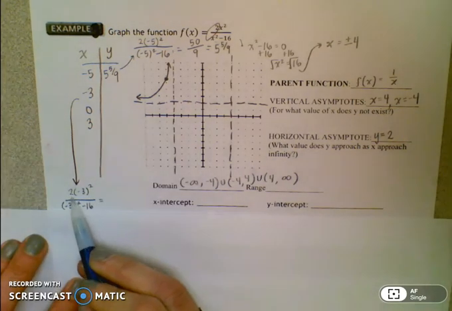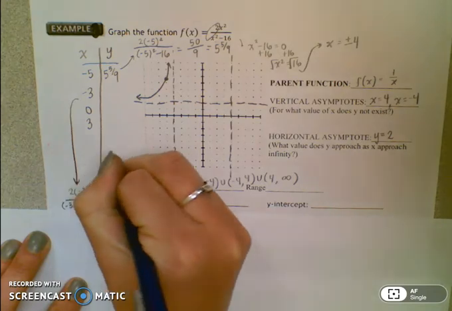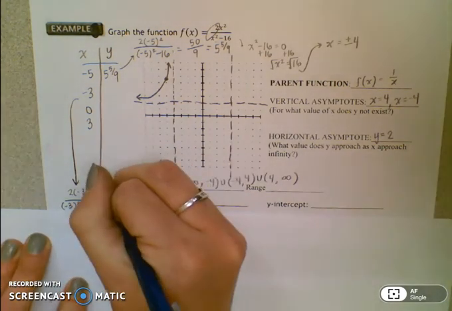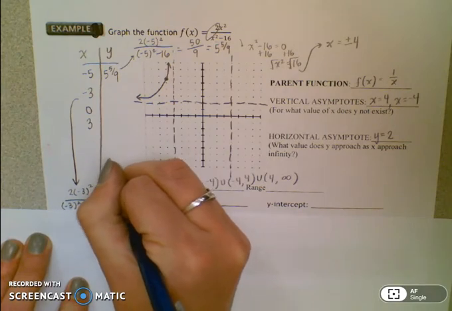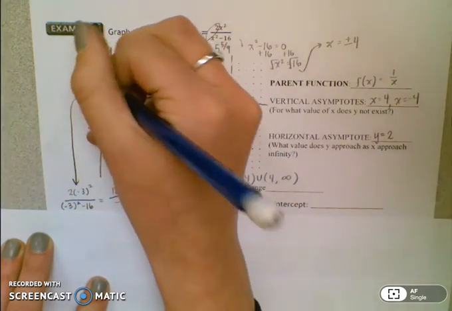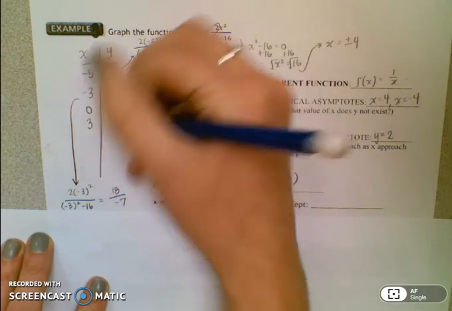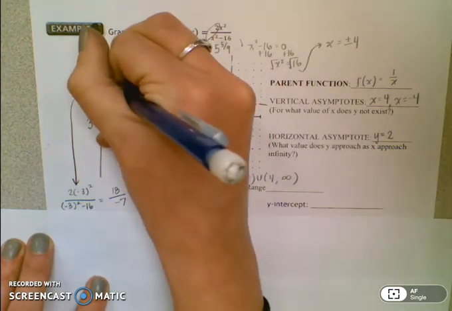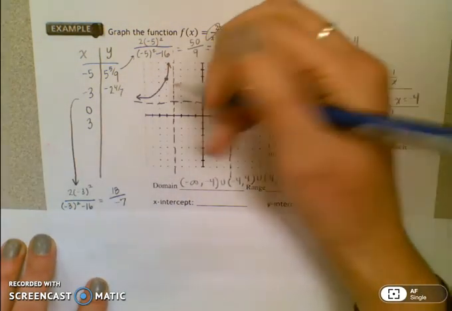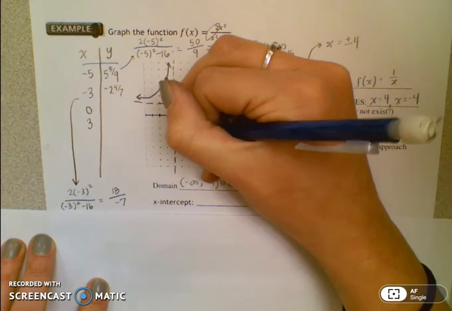So I have 2 times 9 is 18 divided by 9 minus 16, which is negative 7. I'm going to convert that to a mixed number. It's negative 2, because 7 times 2 is 14, and 4 more sevenths gets me to 18. So this is a negative value at negative 3, negative 2 and 4 sevenths.